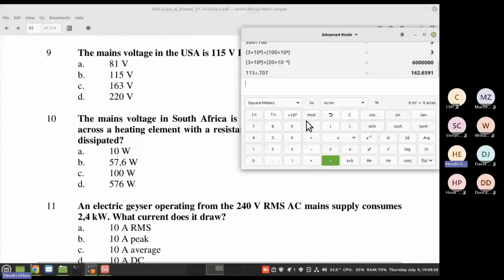There's also the other one that you can do: 115 times the square root of 2 equals 162, which will bring you back there. Or you could say 115 times 1.414, which brings you more or less to the same value again.